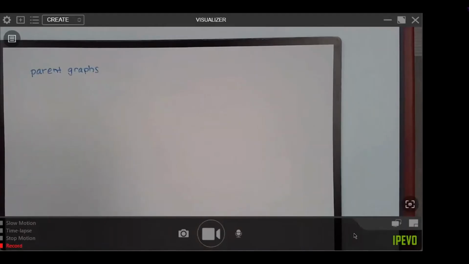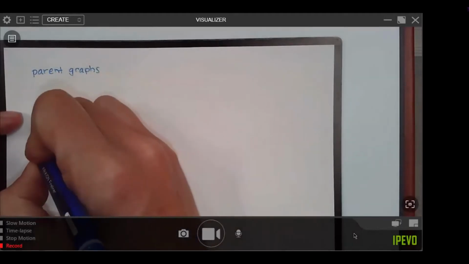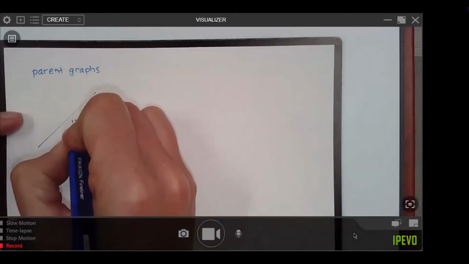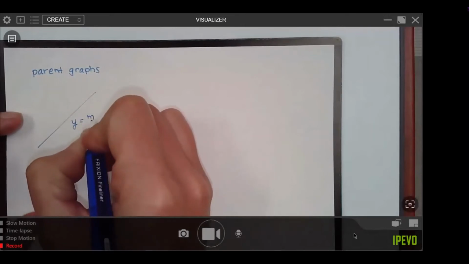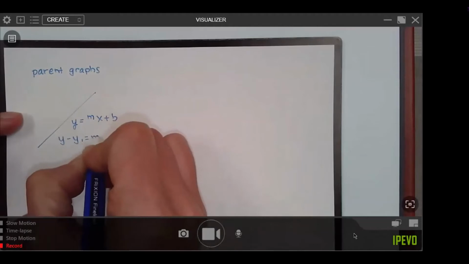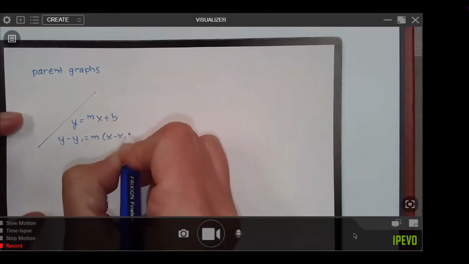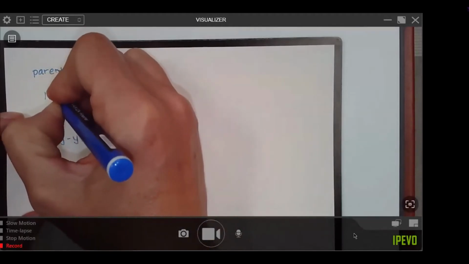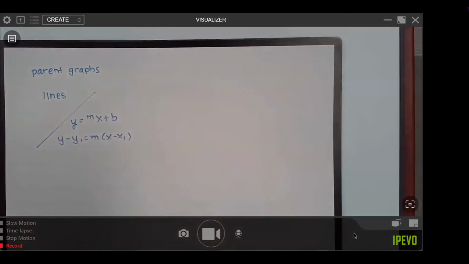I can't remember what our actual 16A textbook calls them, but it might be parent graphs. So we've talked a little bit about lines, and in general, when we have lines, we've either got some sort of y equals mx plus b sort of form, or y minus y1 equals m times x minus x1. But the key for lines is that the powers on x and y are both 1.